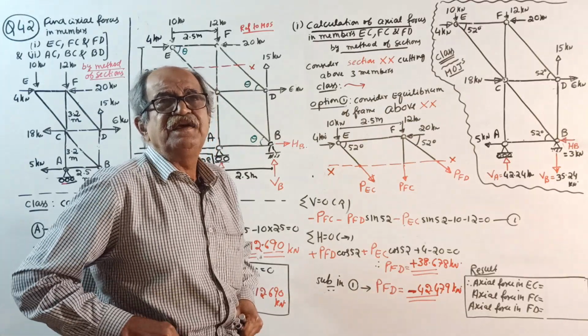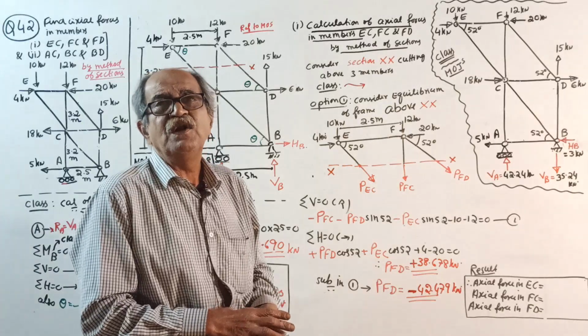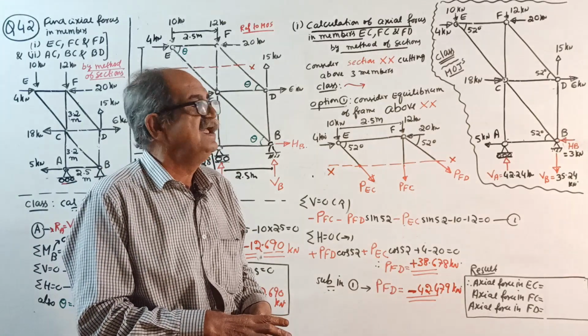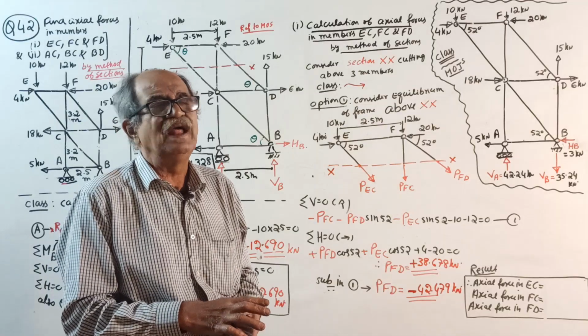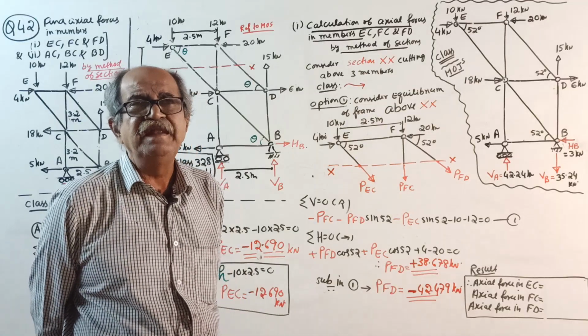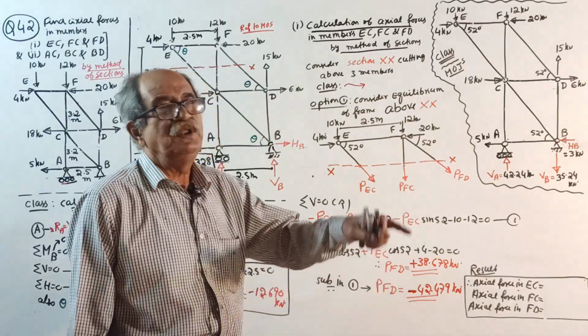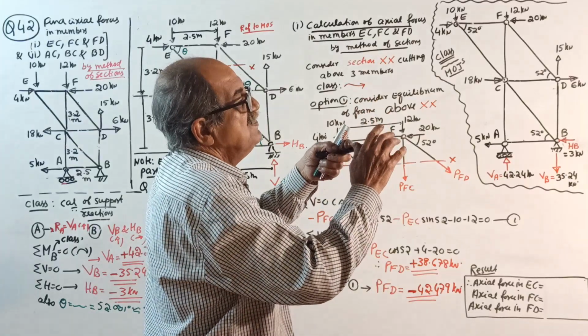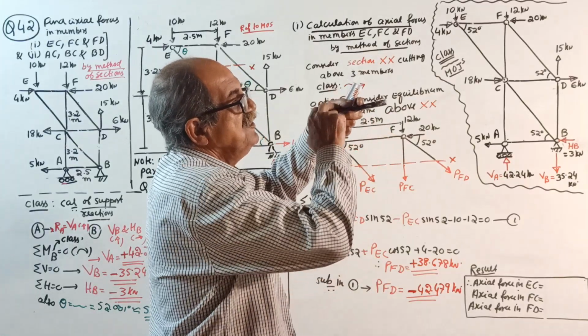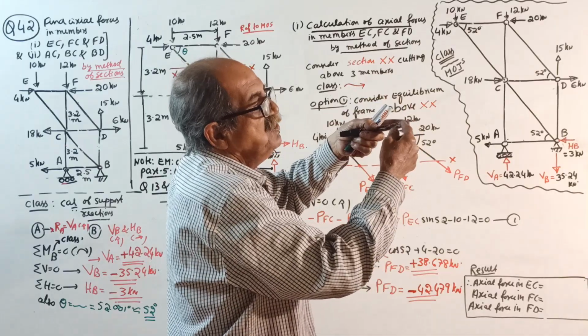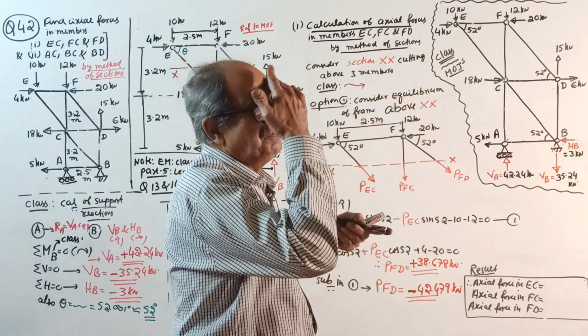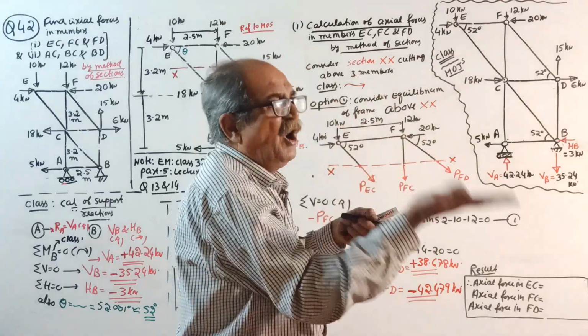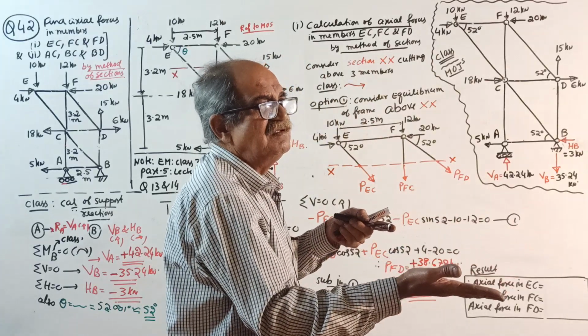99% people get confusion. Not 99, sorry. Very with the regret I will tell, 99.99%, especially when you go to shear force and bending moment, they will do a cut here. See, then you get reaction here, this UDL here, but here you get the internal force. I will tell, boss, it is not internal, it is external.